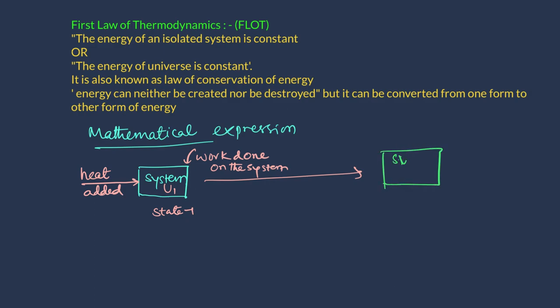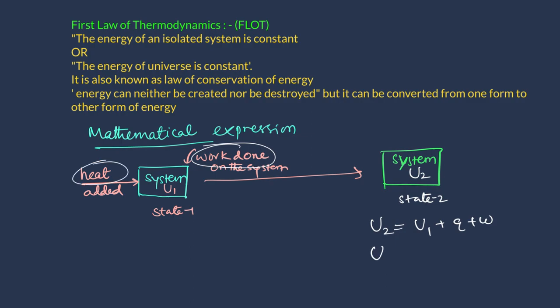This is the system at state 2. Its internal energy is U2. Then U2 is equal to the sum of U1 plus Q plus W, because the energy reached is the sum of U1, the work done and the heat added to the system.